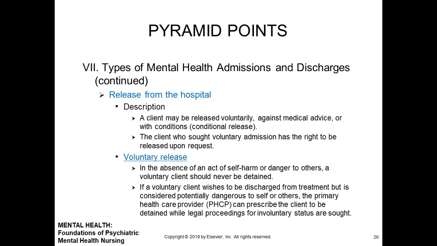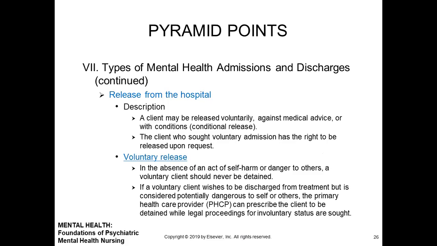So what is next? The types of mental health admission and discharge. Now we are going to focus on discharge from the hospital, the release from the hospital. The client, sometimes the patient, willingly wants to leave the hospital.